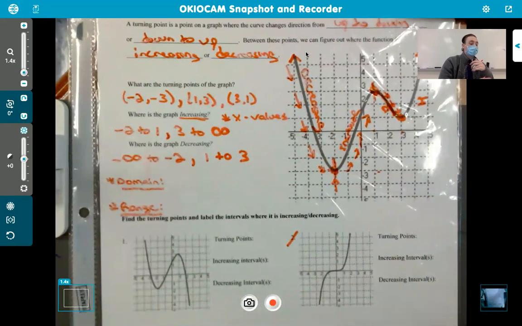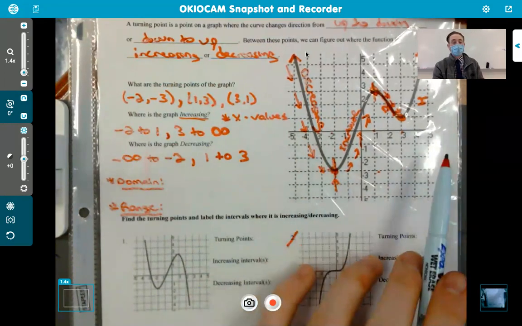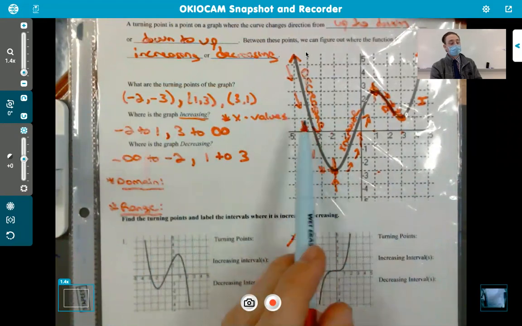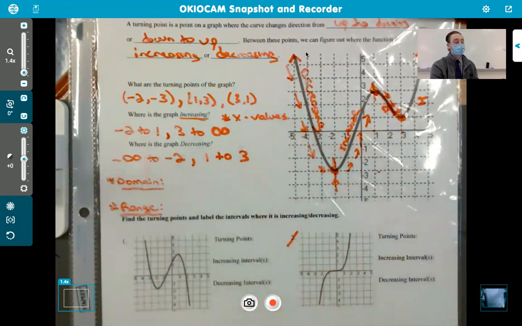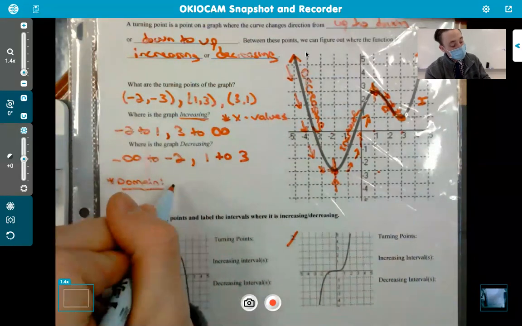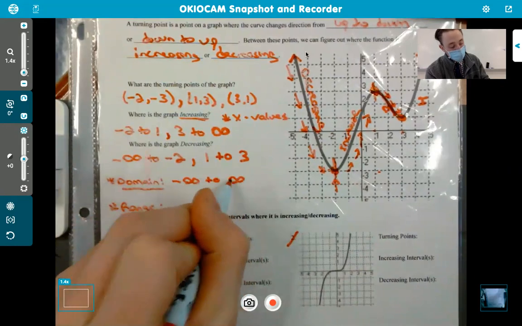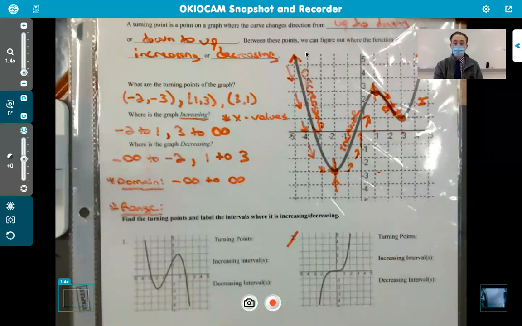Domain essentially is if I look at my graph from left to right, do I have all of my x values accounted for? So an x and a y, an x and a y. If I look across, all of my x's have some y value attached to them. So for the polynomials we're going to see right now, our domain is from negative infinity to positive infinity.